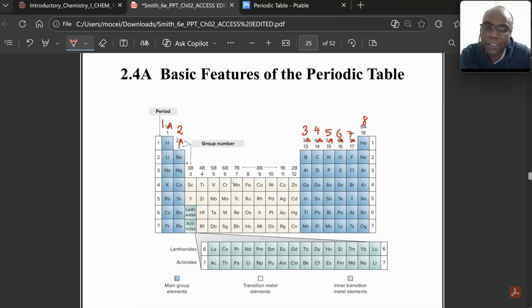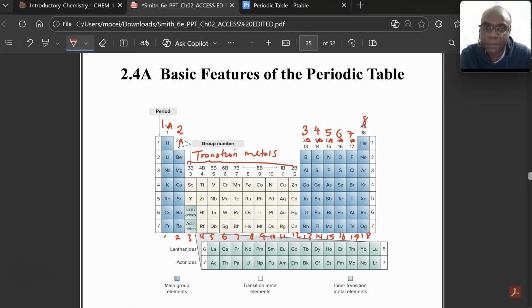You ignore the transition metal elements when you are considering main group elements. But overall, there will be 18 groups if you count 1, 2, 3, 4, 5, 6, 7, 8, 9, 10, 11, 12, 13, 14, 15, 16, 17, 18 groups.